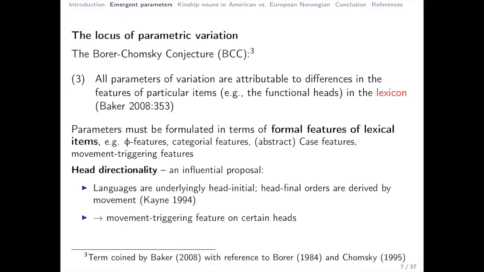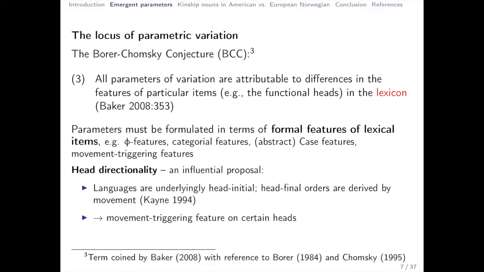Another important point concerns the locus of parametric variation. An important idea is the so-called Borer-Chomsky conjecture, according to which all parameters of variation can be attributed to differences in the features of items in the lexicon. So parametric variation is found in the lexicon.